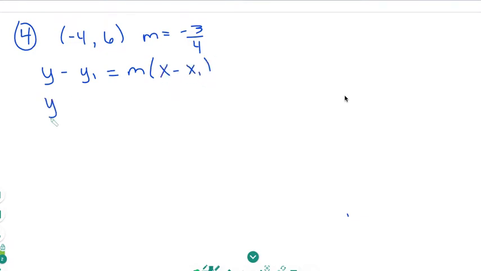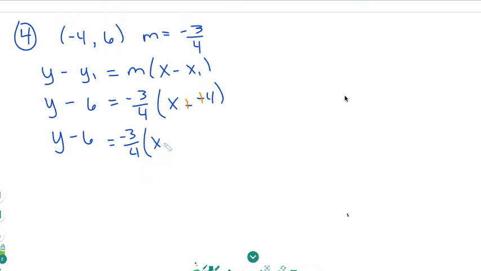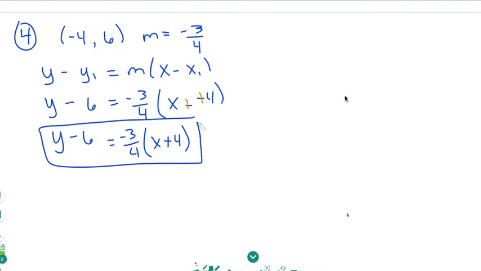So it's going to be y minus 6 is equal to negative 3/4 times x minus negative 4. We're going to do our keep, change, change, which is going to leave us with y minus 6 is equal to negative 3/4 times x plus 4. That is our point slope form.